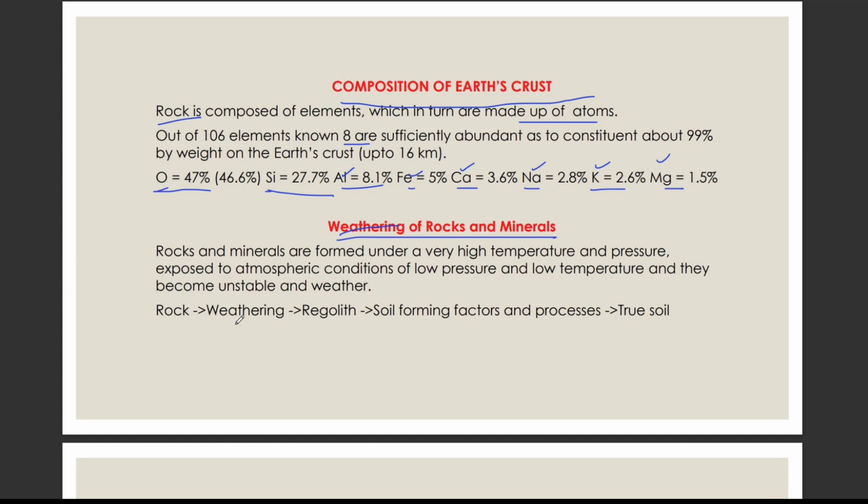We have discussed what regolith is. By the process of weathering, the big or broken particles of the rock turn into very small particles, that is regolith, and after that by some soil forming factors or processes, they turn into true soil.